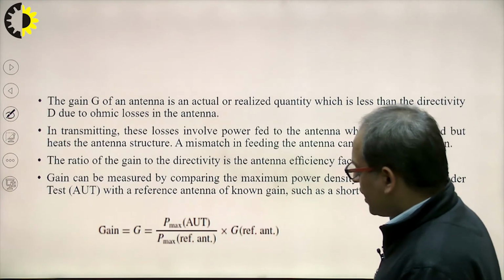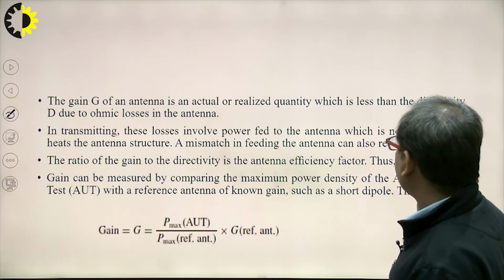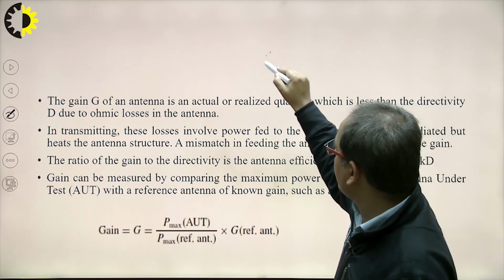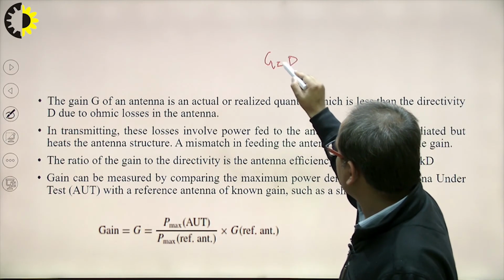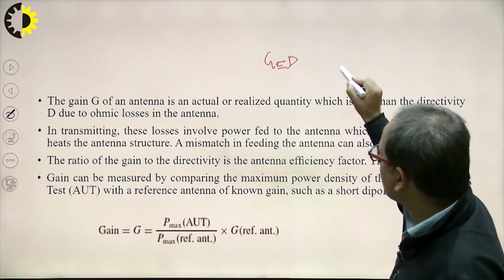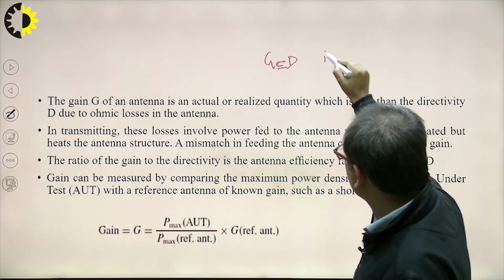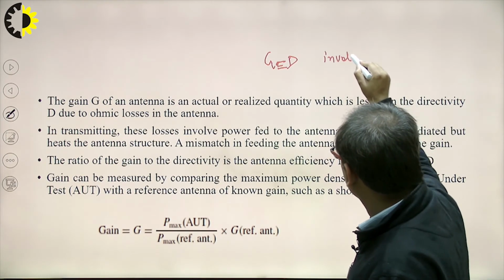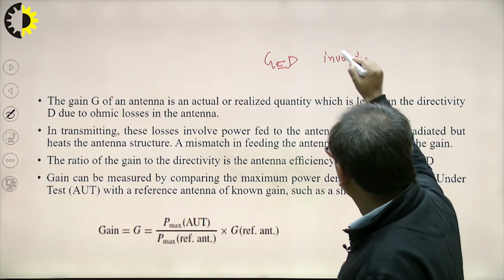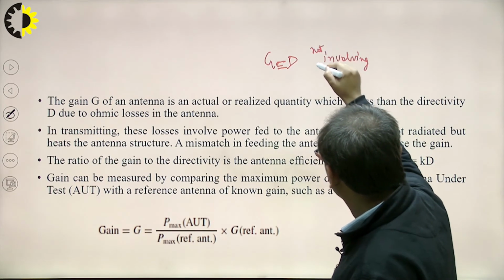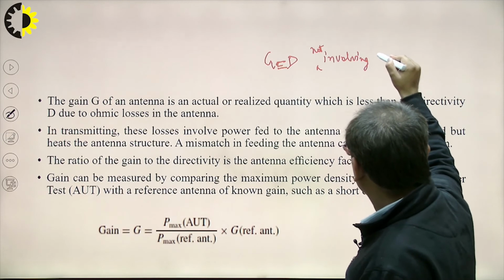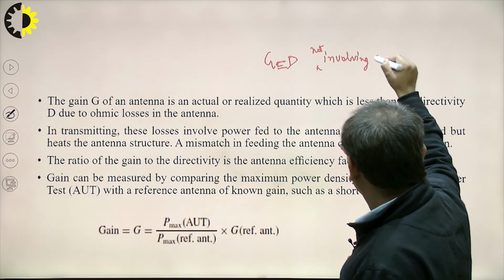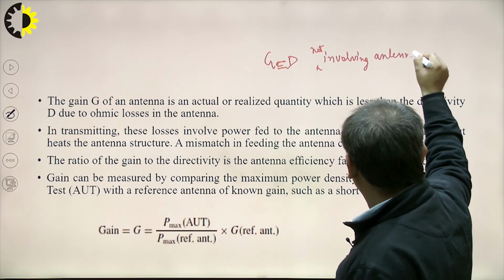So the gain of an antenna is somewhat equal to what? Directivity. If gain is equal to directivity, if I am not involving what? Antenna efficiency.